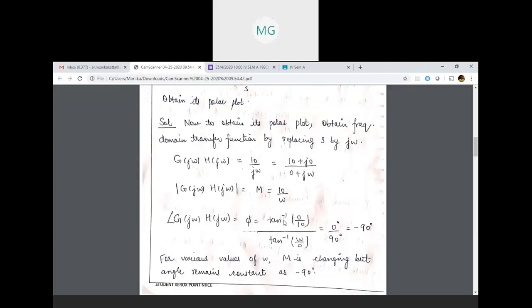Tan inverse of the imaginary part, that is 0, divided by the real part, 10. You have written the angle for the denominator at the denominator, or else you can bring it to the numerator by putting a minus sign. You remember, minus tan inverse omega by 0 if you bring it to the numerator. So I have written it in the denominator.